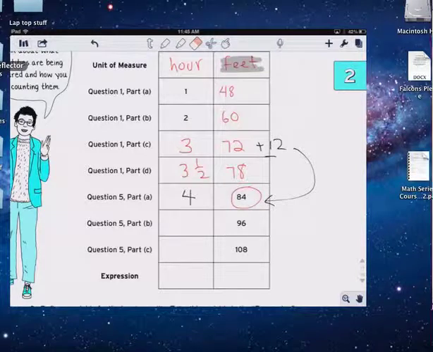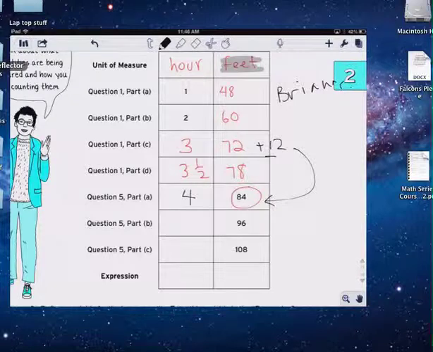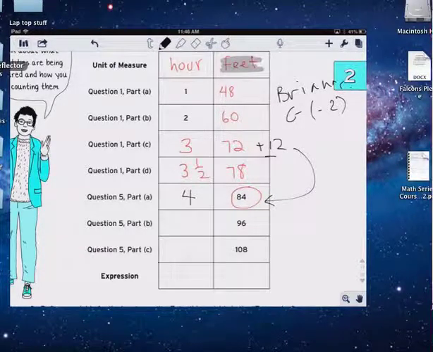Put 96 plus 12. You're not paying attention. 96, it's a plus 12, so how many hours is that? 5 hours. To 108, how many hours? 6. So how long did it take for them to climb up this mountain? It took them 6 hours to climb.